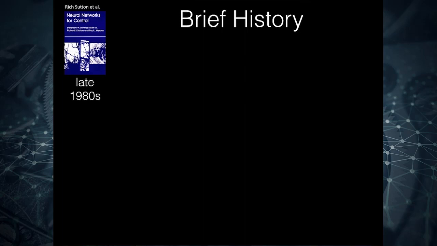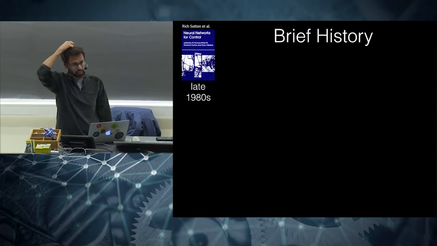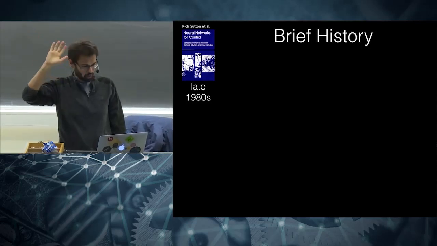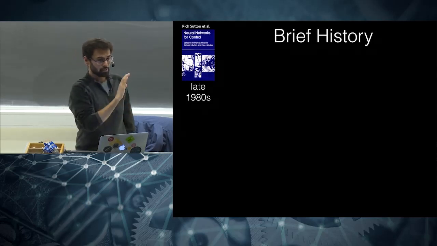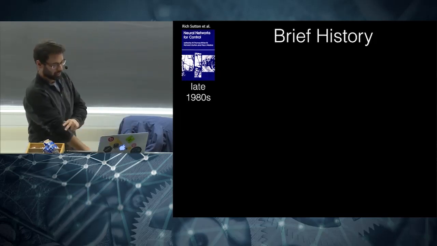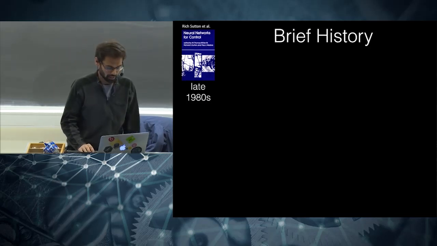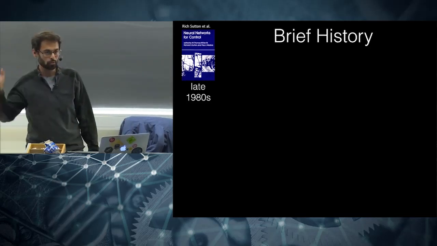So that's just to kick things off. So now, just for a brief history, deep RL is actually not new. The idea of using neural networks for control is quite old. So the first few works I can think of came from the 80s. In fact, in this book, talk about applying neural networks for control problems. Well, I'm sure there has been work before as well.